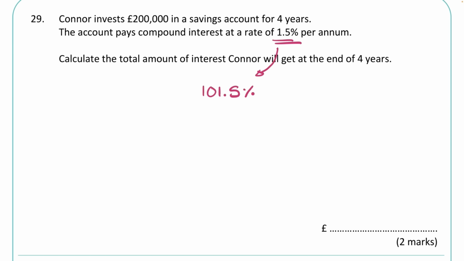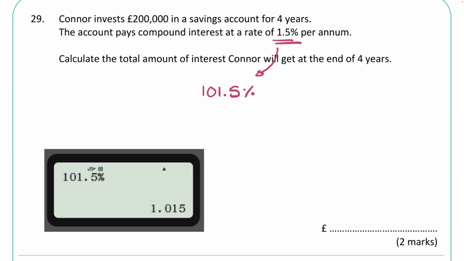Now, you can actually just type that in on your calculator, 101.5%. Or, to turn it into a decimal multiplier, if you type that into your calculator as well, 101.5%, let's just type it in, and press equals, it will convert it for you.